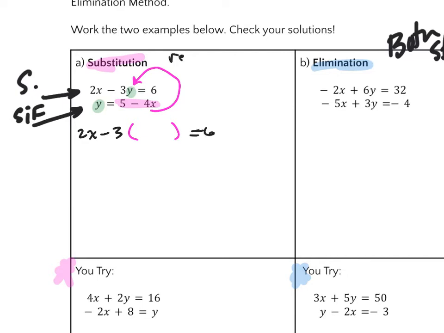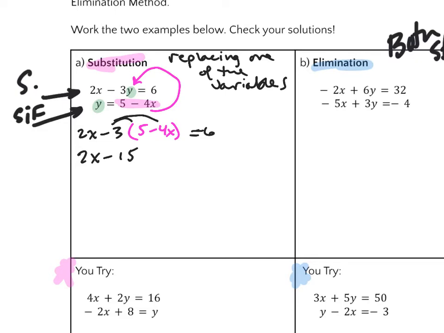So you're replacing one of the variables. That is why it works, because you're eliminating the y and you can work in terms of x. So here I'm going to write 5 minus 4x. Then after that we're going to distribute.